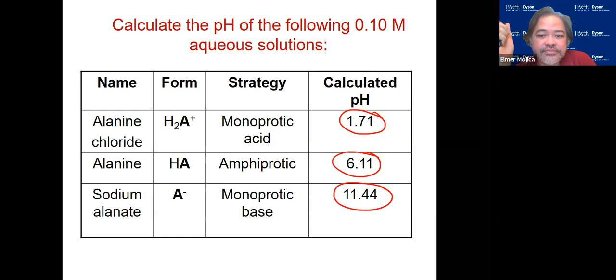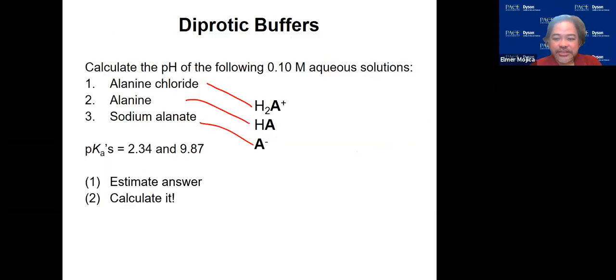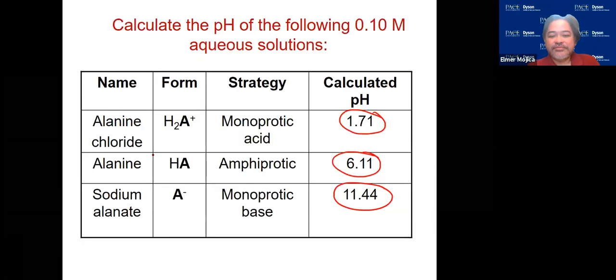The easiest one that you get there is the 6.11 because it's just the average of these two. But the other one, you just use like a weak acid calculation, and this one just like a weak base calculation.